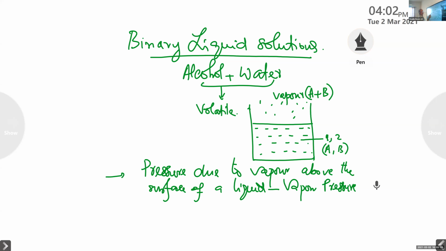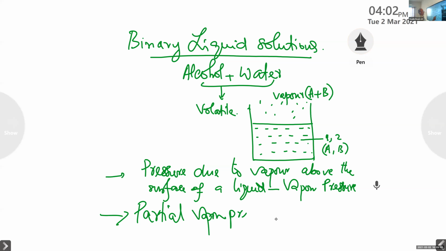There will be vapor of A and the vapor of B also. The pressure due to each component is called partial vapor pressure. It is the pressure exerted by each vapor.